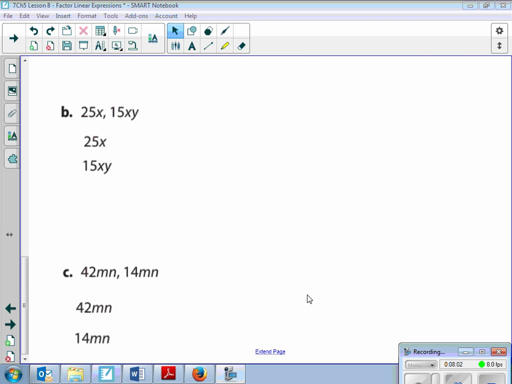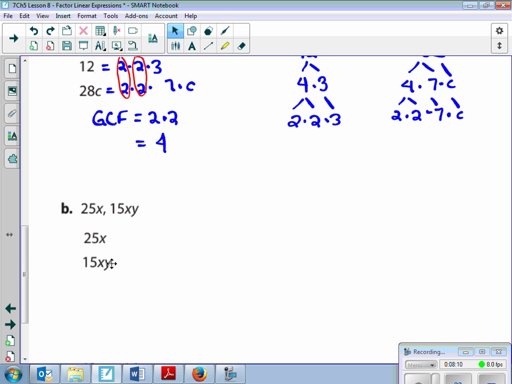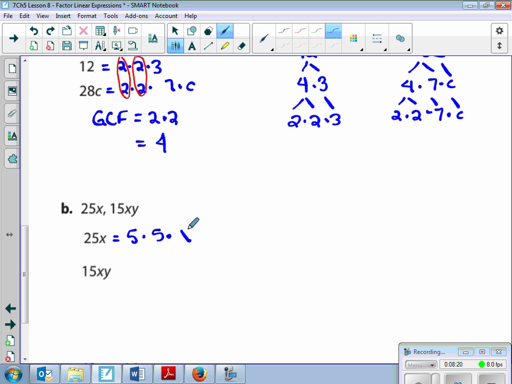Okay? Now, sometimes you can find the prime factorizations without using the factor trees. So here, for 25x, that's an easy one, right? This is going to be equal to 5 times 5 times x. Very good. And then for 15xy, that's going to be 3 times 5 times x times y.